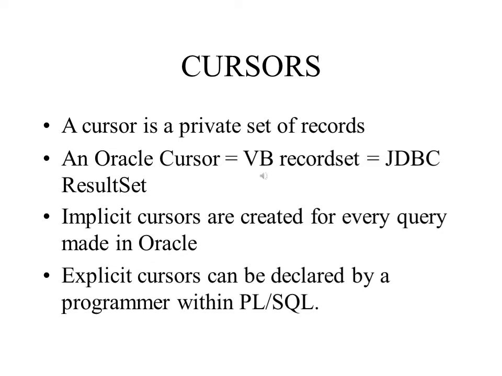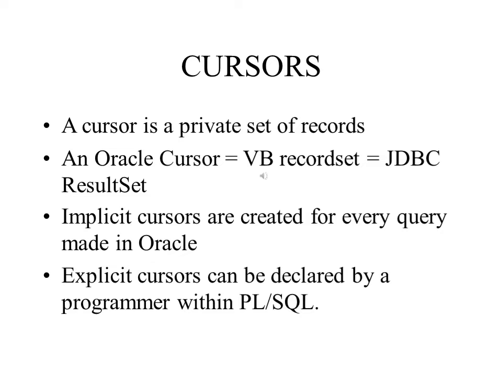Oracle creates a memory area known as the context area for processing an SQL statement, which contains all the information needed for processing the statement, for example, the number of rows processed. A cursor is a private set of records.